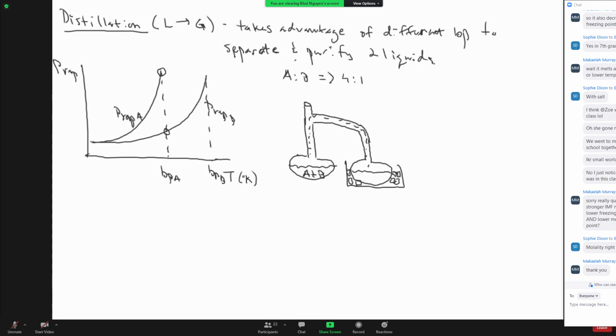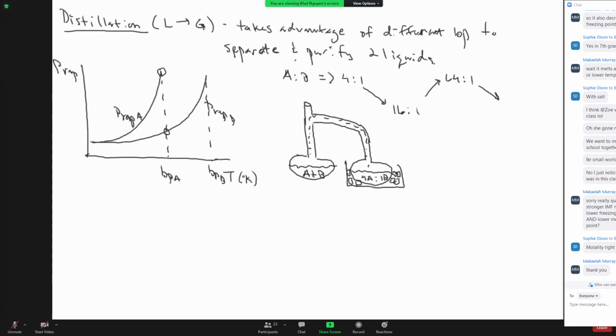So after going through one distillation, you have 4 A molecules for every 1 B molecule. Now, if we do this again, we'll get a 16-to-1 ratio. We do it again, we get a 64-to-1 ratio. We do it again, we get a 256-to-1 ratio.